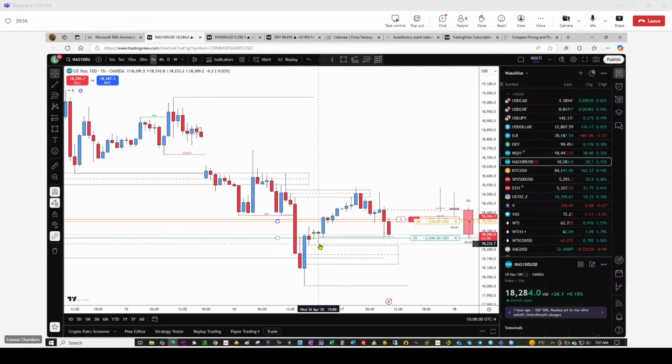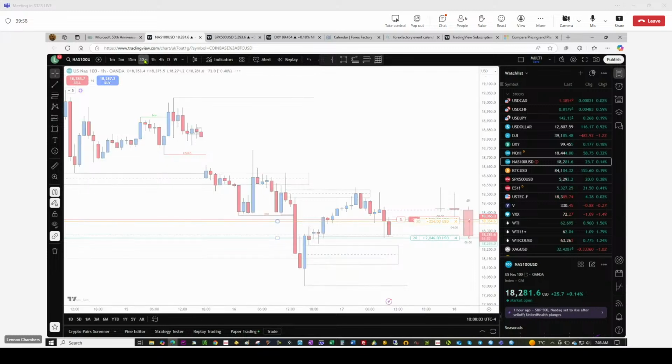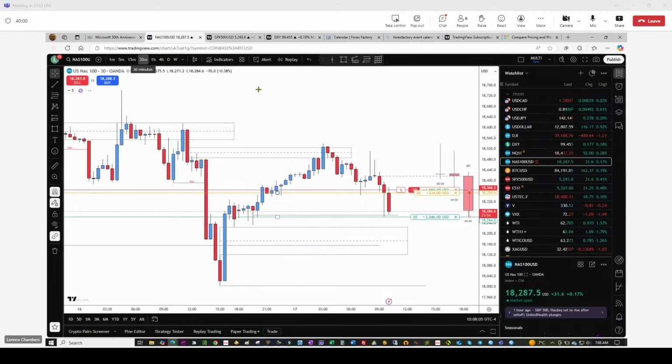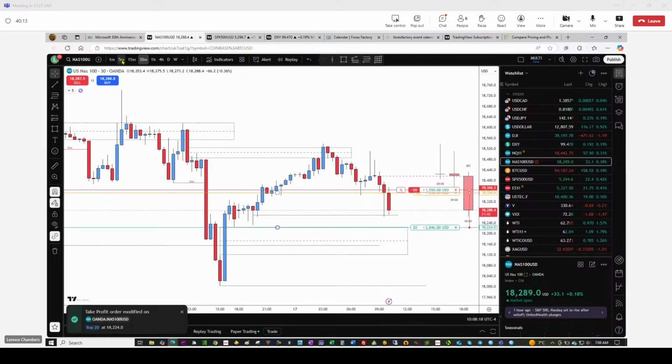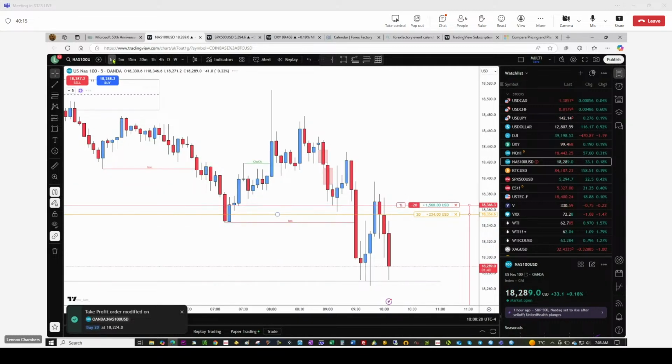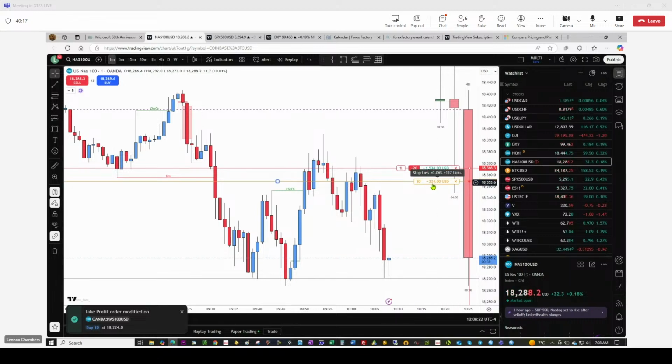So I could be a little greedier, and instead of taking profits off here, I could drop my target down to these lows down here, right down to that gap there. And then what I can do is come back and move my stop down to lock in more profits.